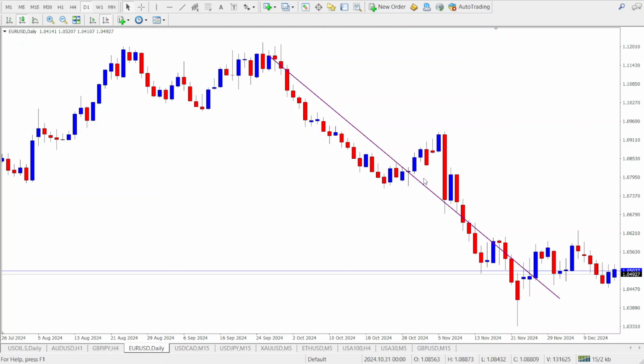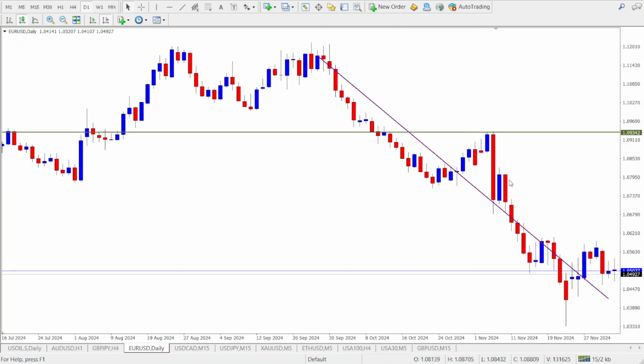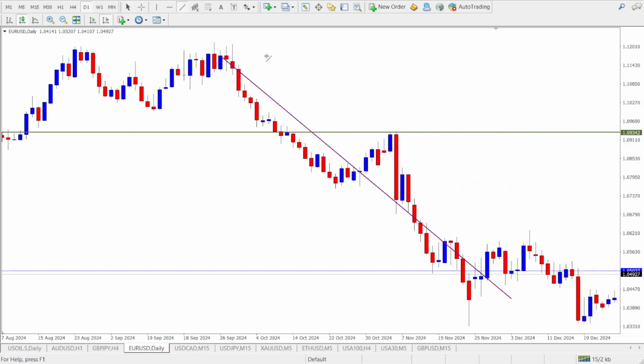These candles are often seen at key levels, like support or resistance, or in the middle of a trend, as you can see here, signifying a reversal.